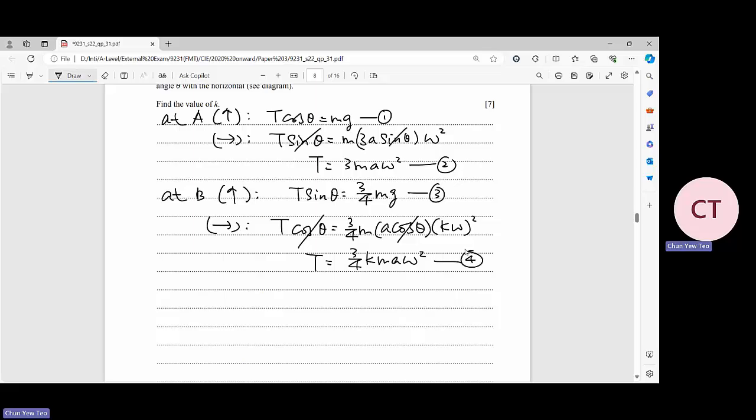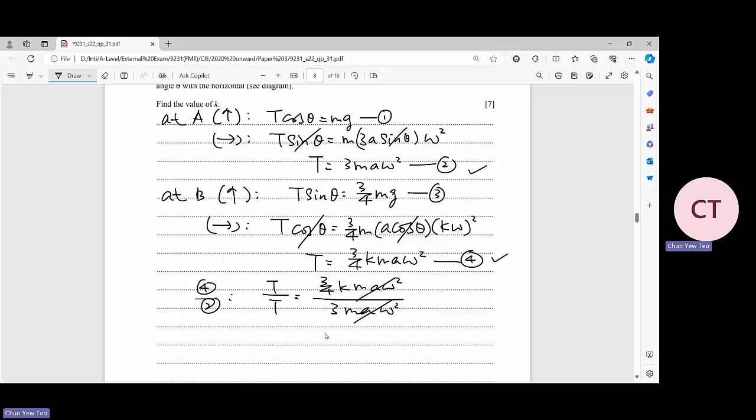We're looking for k, so I think equation 2 and equation 4 should be enough. Take equation 4 divided by equation 2. So you have T divided by T is equal to 3/4 of k m a omega squared divided by 3ma omega squared.